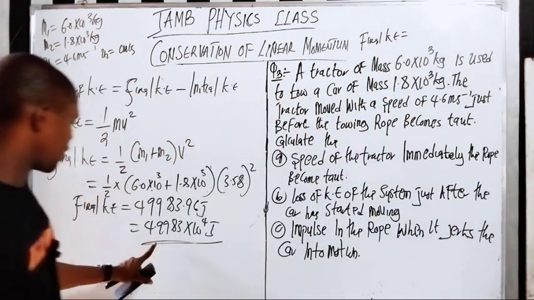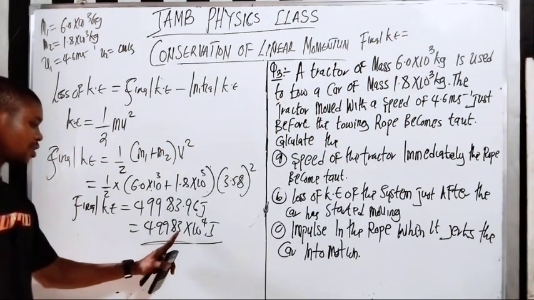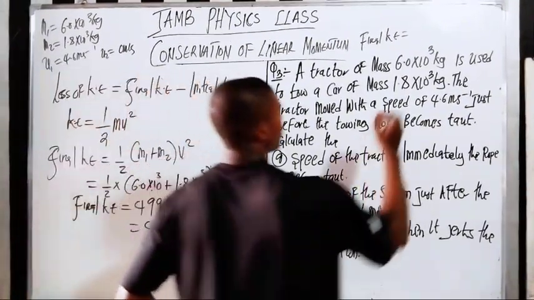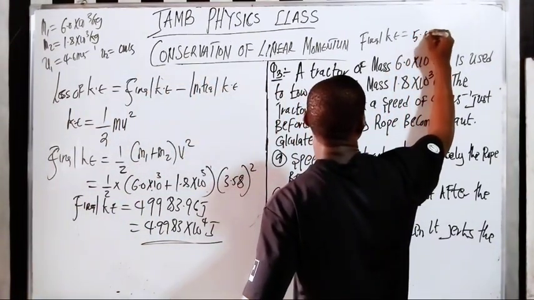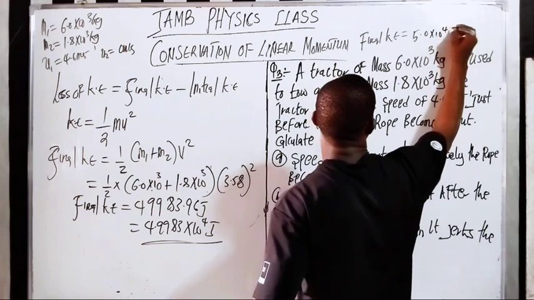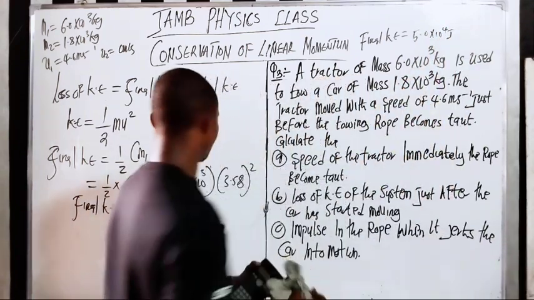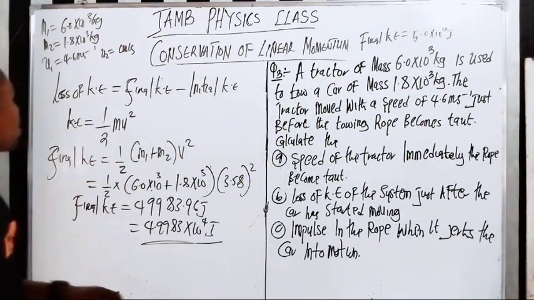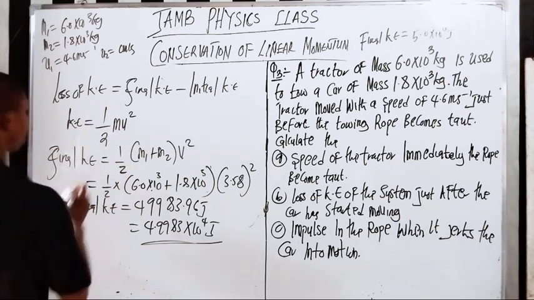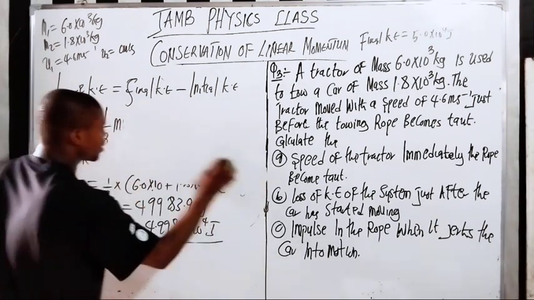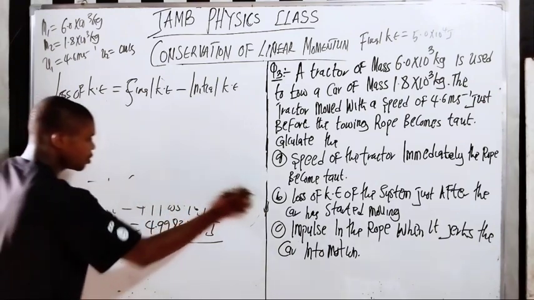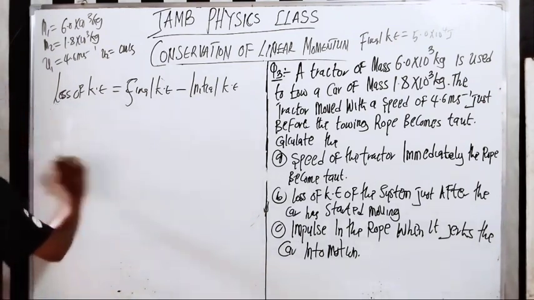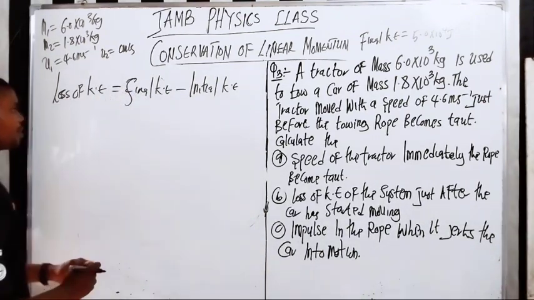Now let's approximate it here, because 4.9983 is also the same as 5. So it will be 5.0 × 10^4 joules. That was the final kinetic energy. So let's talk about the initial kinetic energy. How do you get the initial kinetic energy?